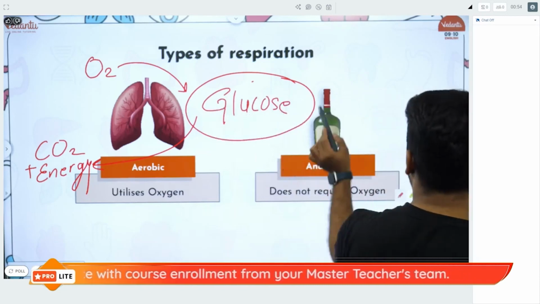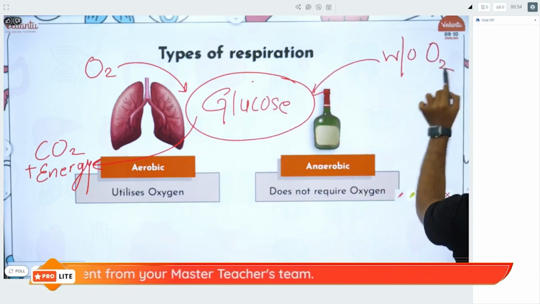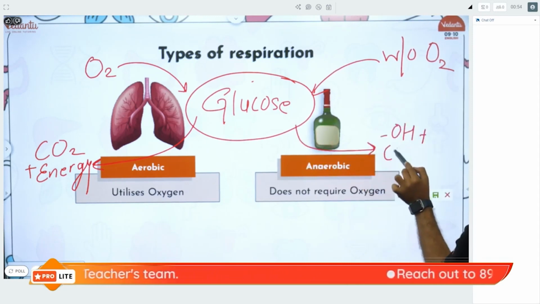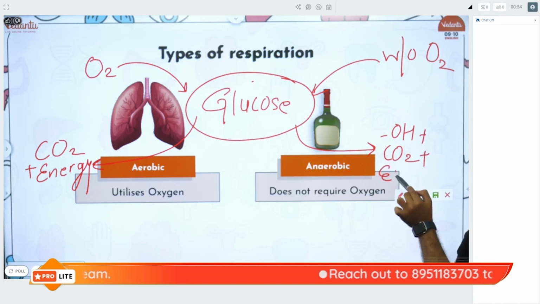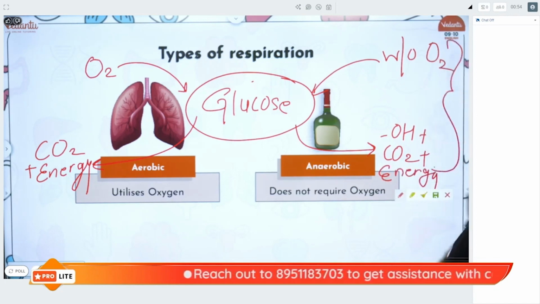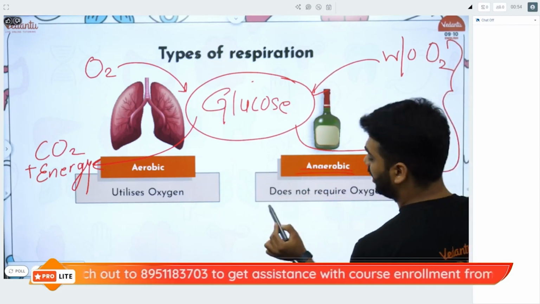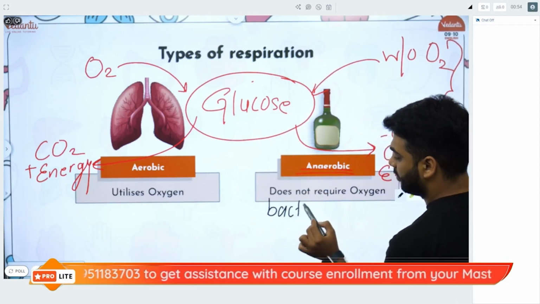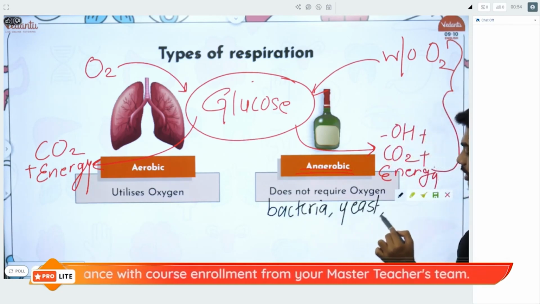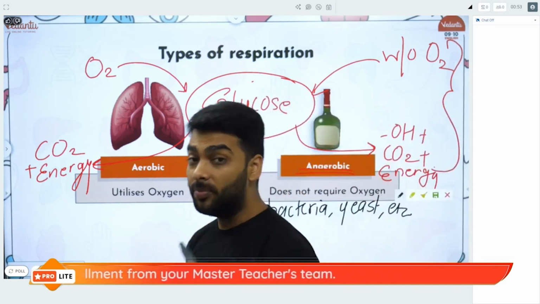And then there is one process where without oxygen it will still make alcohol plus carbon dioxide plus energy. And this type of respiration is called anaerobic respiration, which you see in certain bacteria, you see in yeast, etc.